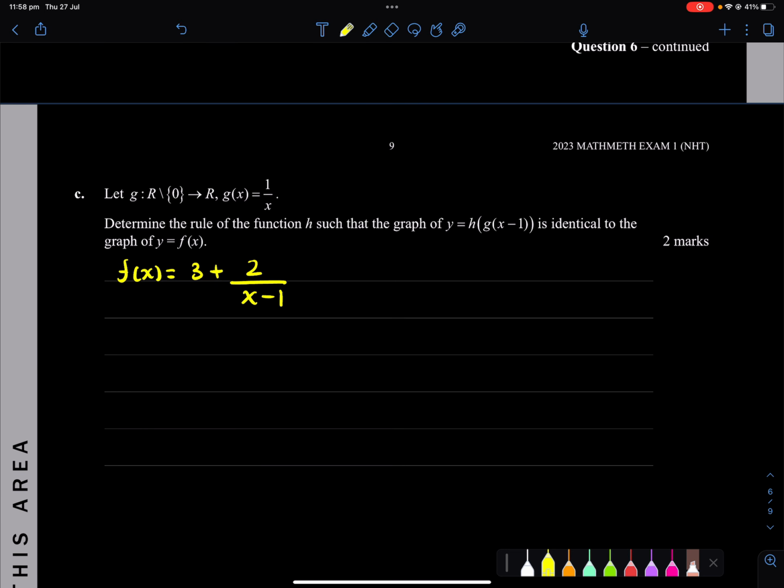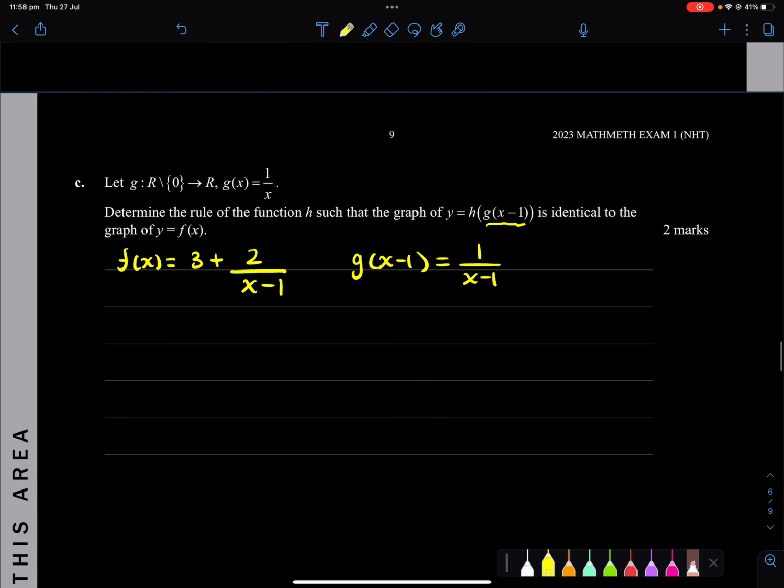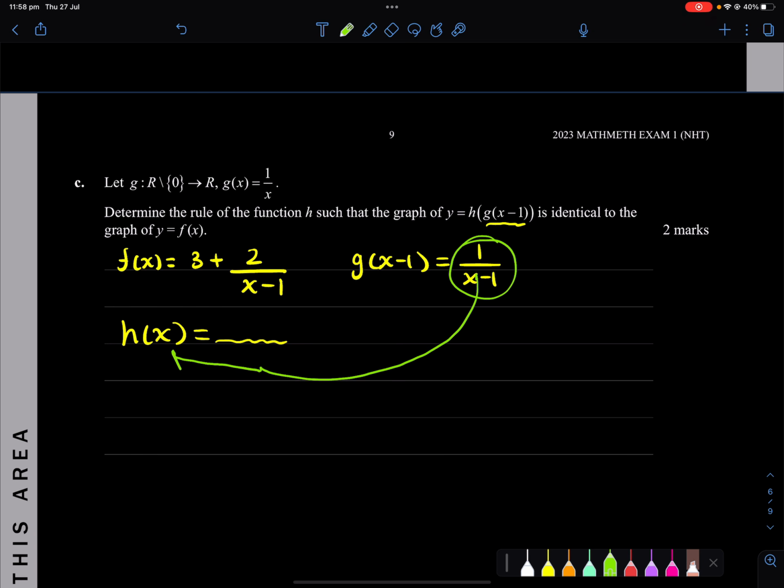So it says g of x minus 1. If we say g of x minus 1, that'll give us 1 over x minus 1. So what we're saying is, what's a function h of x such that if we shove this into the x value, we should receive this?